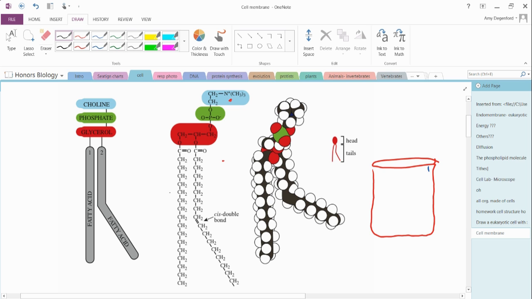Well, a phospholipid has two distinct parts. It has two fatty acid tails, and the tails kind of dangle down. And hopefully, if you give it a quick look, there's something that's interesting about this one on the right. I'm going to go ahead and circle that double bond.